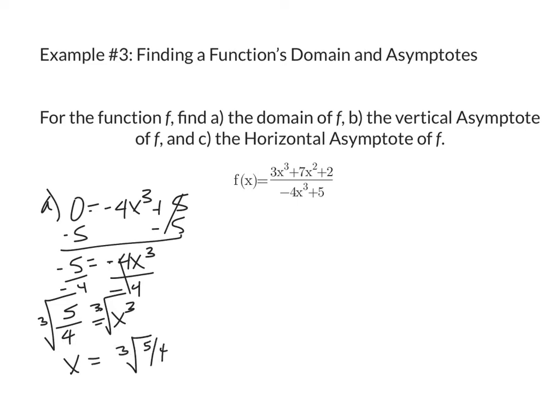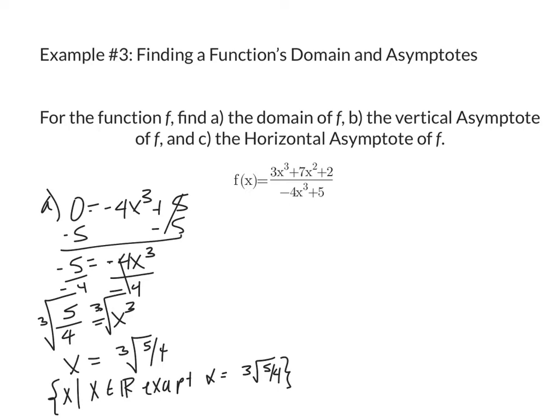So when we state our domain, we would say x such that x is all real numbers except x equal to the cube root of 5/4. And we could throw that into our calculator to get an actual number.